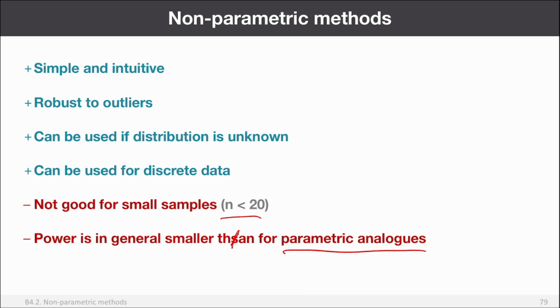So it means that if you want to detect the same size of effect, you sometimes need a much larger sample size. From that point of view, I always recommend you to use parametric methods if your data quality is good enough to use a parametric approach, and only if it's not, then you can use, of course, the non-parametric methods.